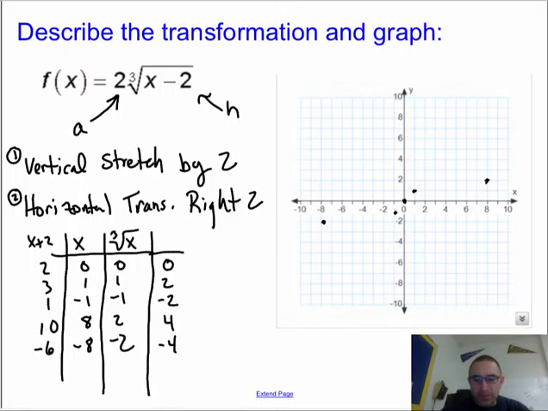I'm going to go in a different color, blue. And now I'm going to graph these points for my new function. So 2, 0. Okay, so that's a vertical stretch of 2 moved over 2. I'm going to go 3, 2. So this first point was stretched up to 2, and it was moved over 2. So 3, 2. 1, negative 2.